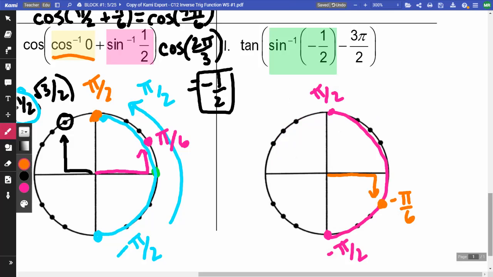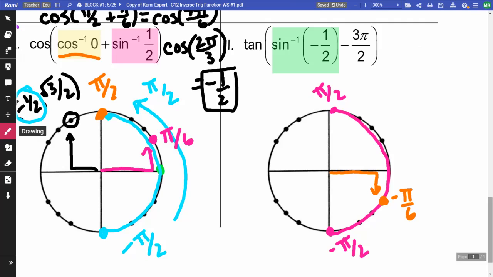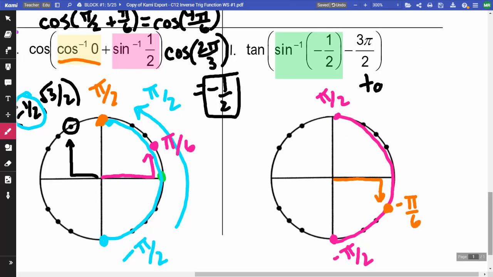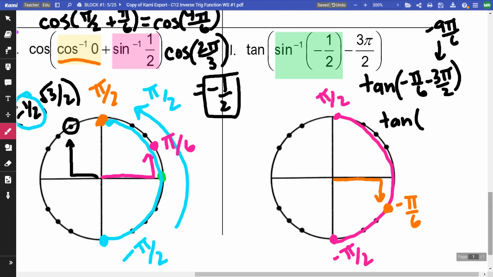So just like the last problem, I'm going to rewrite this. And so now I'm going to find tangent of negative pi 6 minus 3 pi halves. And so this 3 pi halves, if I change it to 6, would be a -9 pi 6.